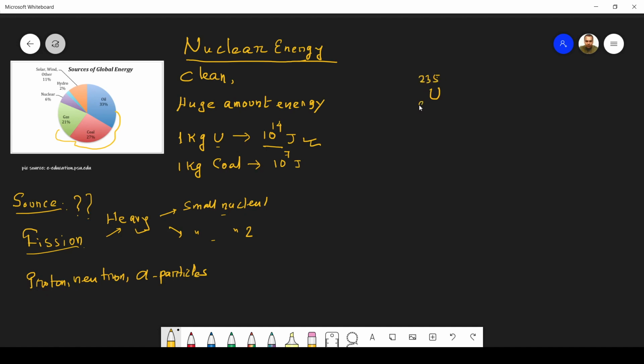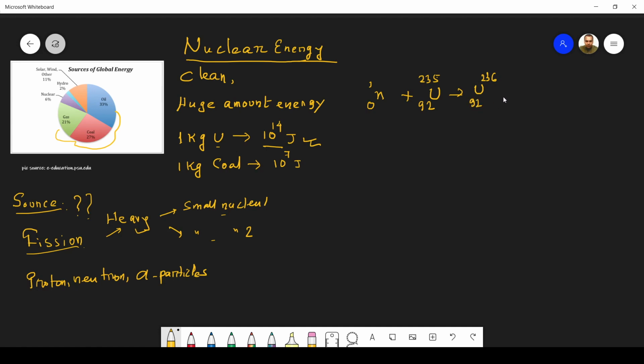Uranium 235, 92. The mass number of uranium is 235 and the atomic number is 92. If this uranium is bombarded with a neutron, we first get an unstable state.